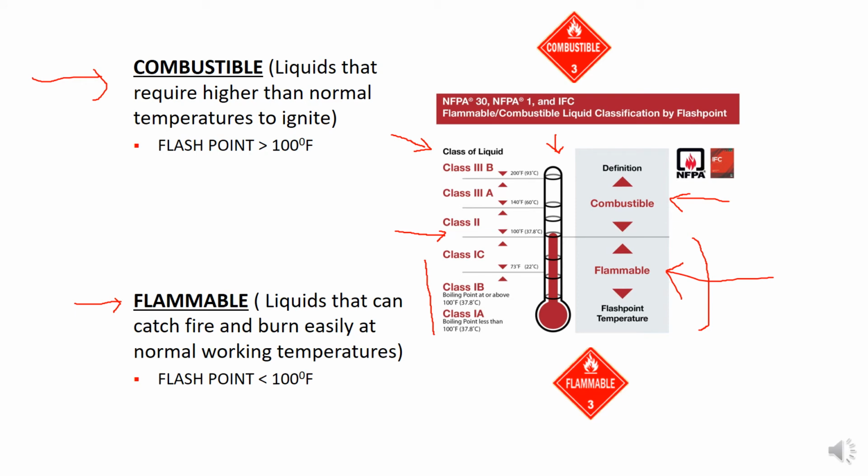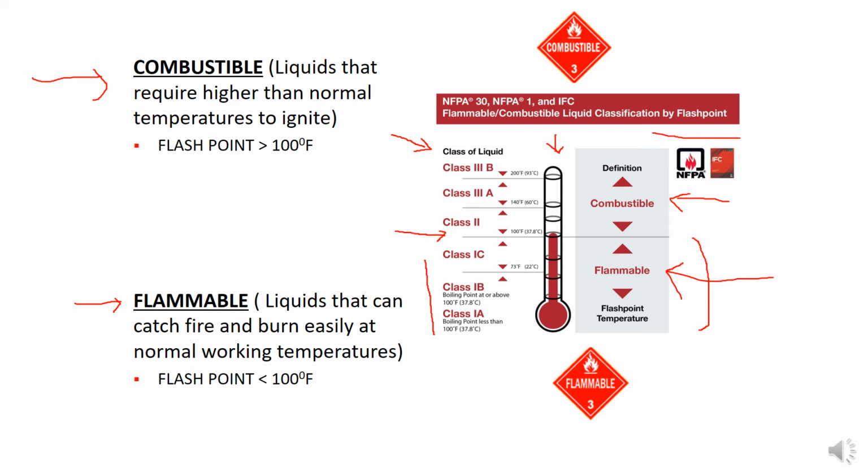This is particularly for liquid chemicals. Those that cannot ignite, or need a temperature higher than 100 Fahrenheit, are called combustibles. Here you can see class 2, class 3A, and class 3B, so they fall under combustible.